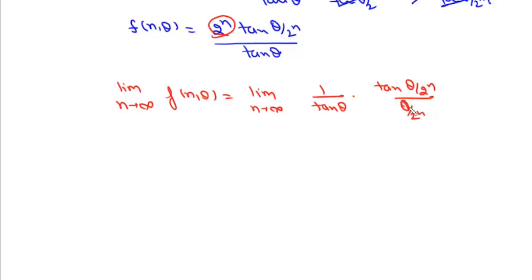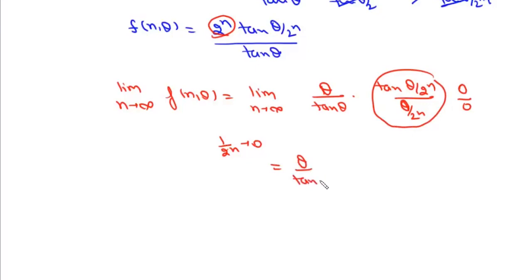We'll multiply and divide everything with theta. Now when n tends to infinity, 1 upon 2 to the power n tends to 0. So this is 0 upon 0 form. So tan of 0 upon 0 is 1. So answer to this limit is simply theta upon tan theta.